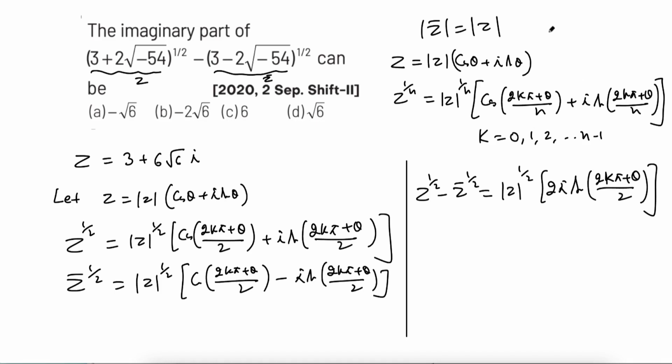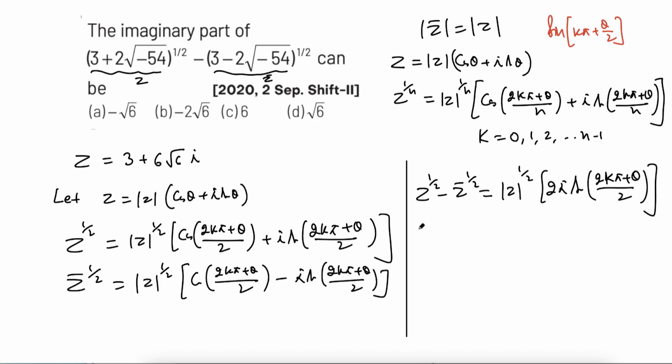Space is less. Actually, what is this? Sin of (k pi plus theta by 2). Yes or no? If you put k equal to 0, it will become sin theta by 2. But if you put k equal to 1, it will become sin of (pi plus theta by 2), which will become minus sin theta by 2. Means this total value is plus minus sin theta by 2.